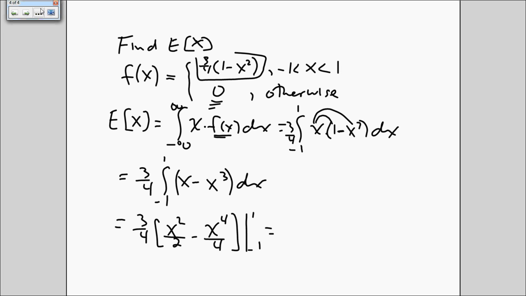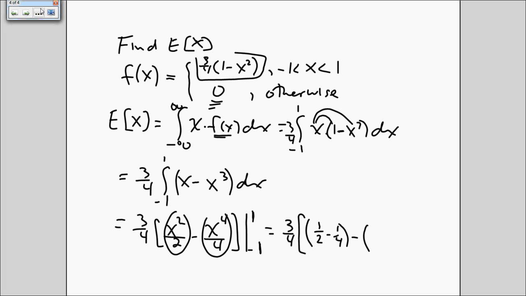Now if you're slick, you can notice that this is an even function. Whether you plug in 1 or negative 1, you get the same value. And when you subtract them, you're going to get 0. 3/4 times: you plug 1 in, you get a half minus a quarter.